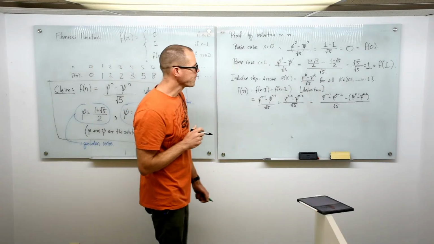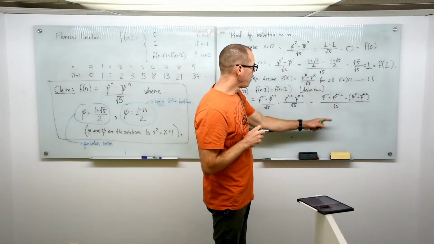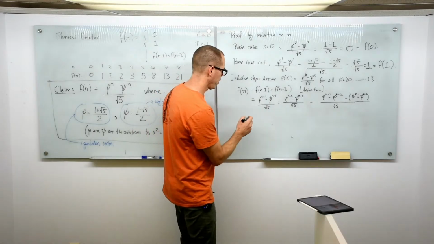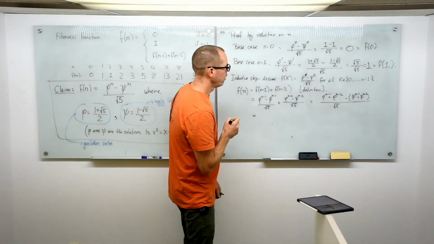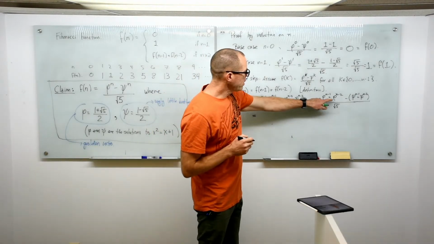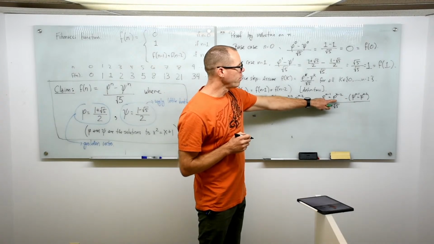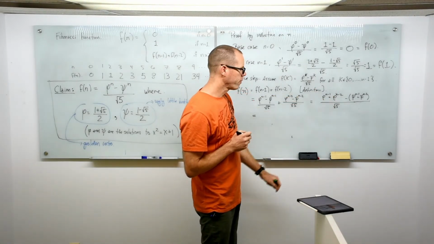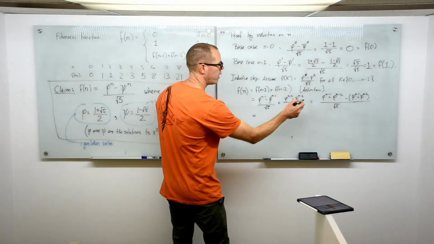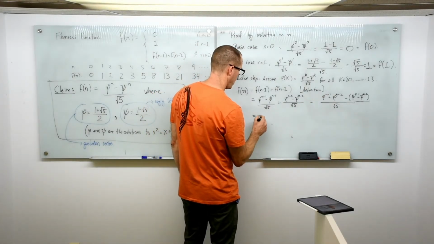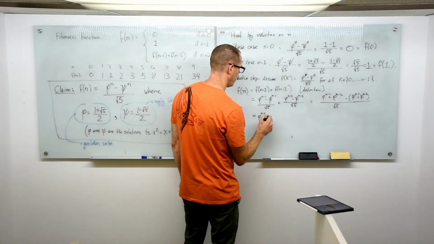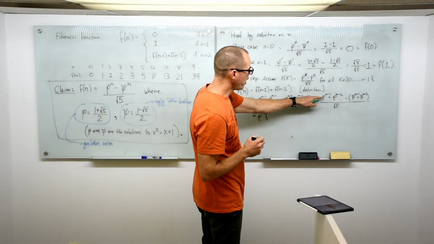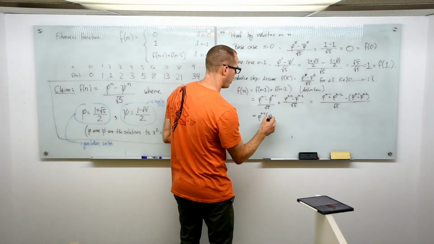All right. Let's do a bit of factoring here. For these two terms, they have a common factor, which is phi to the n minus 2. In fact, I can factor out that phi to the n minus 2. Now, to get phi to the n minus 1, I need to multiply that by phi.